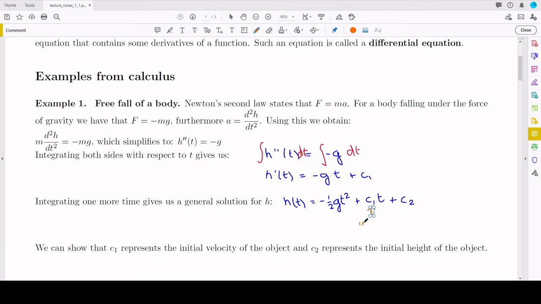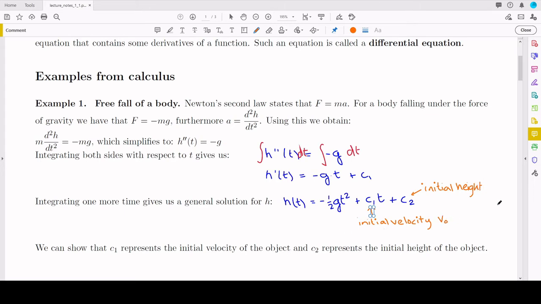So this is the initial velocity, and this is the initial height or initial position.